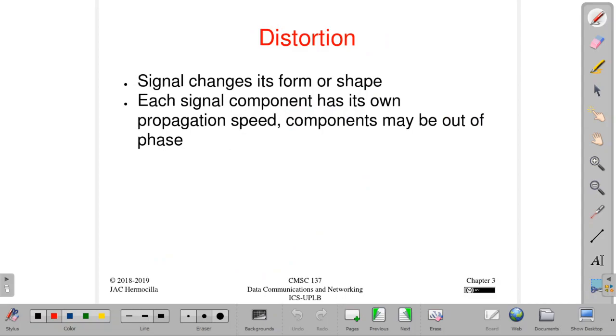Okay, the second transmission impairment is called distortion. The signal changes its form or shape.